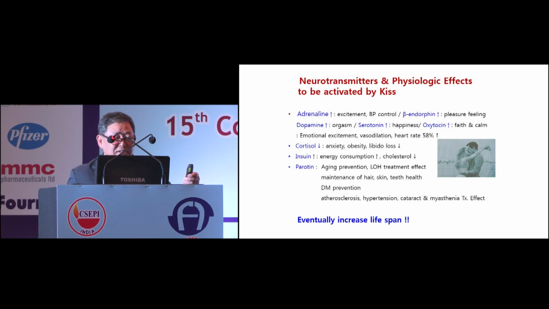At the time of a kiss, we can find an insulin increase. This chemical change can induce an energy consumption increase, but decrease the cholesterol level in blood. Parotin also increases in the saliva.